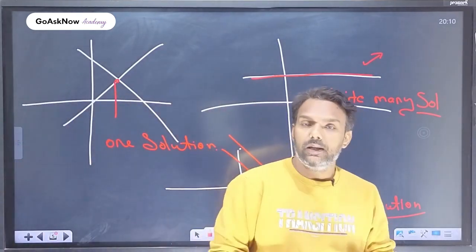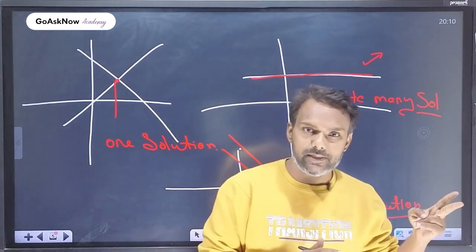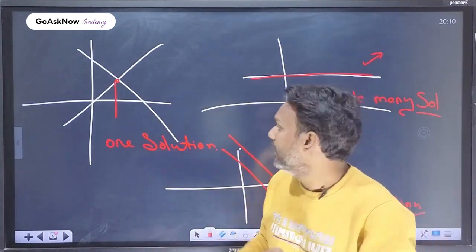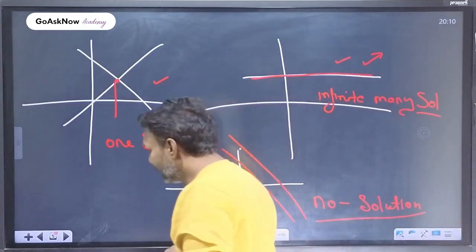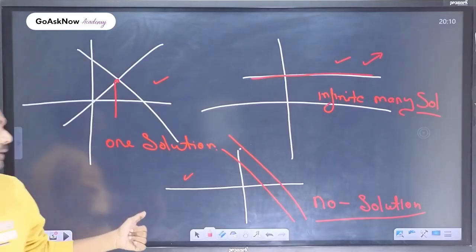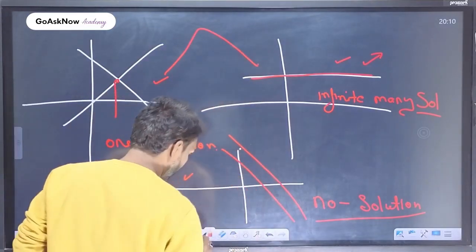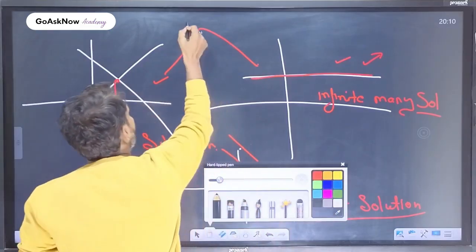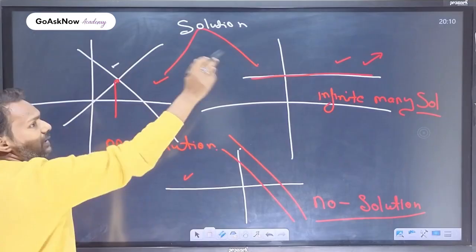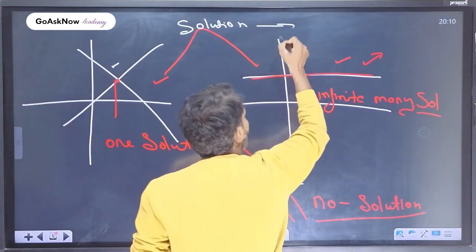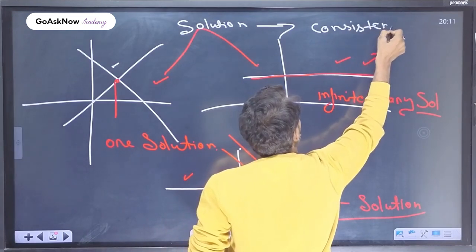So, a linear equation represents a straight line, two linear equations will represent two straight lines, and these two straight lines can be either intersecting, or have infinitely many solutions, or have no solution, meaning parallel. If there is a solution, either one solution or many solutions, then we say this pair of lines is consistent or dependent.